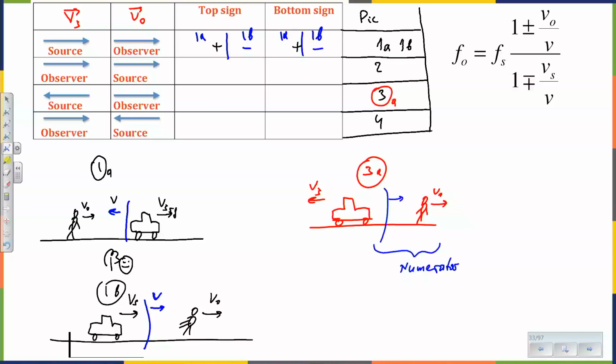Well, a plus or a minus? You can't dream during physics class. Minus. If they would have been closing, we would have to choose a plus to increase the frequency. So to do the opposite, we have to choose a minus.